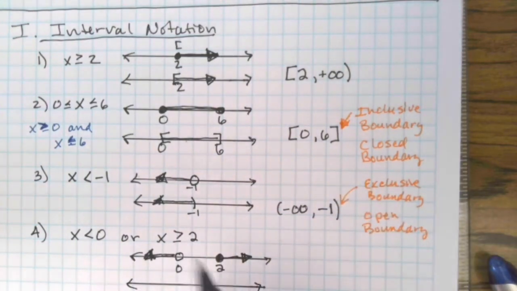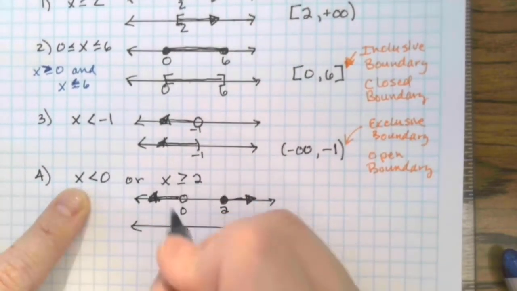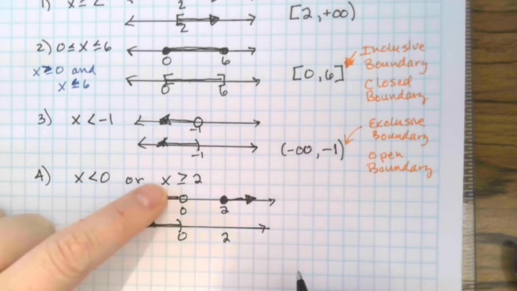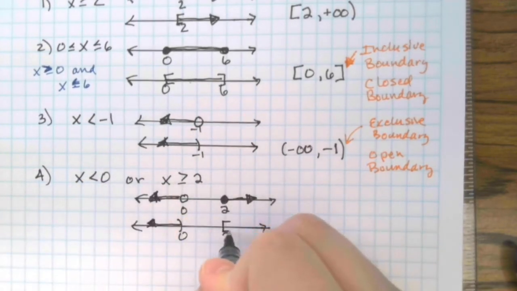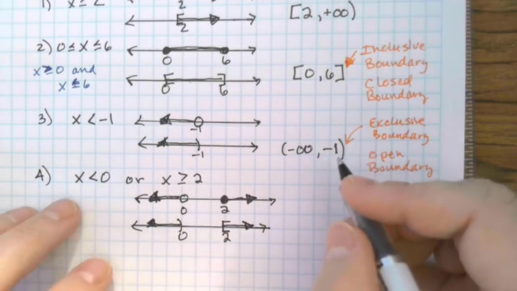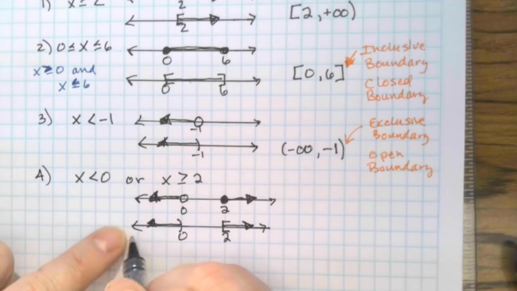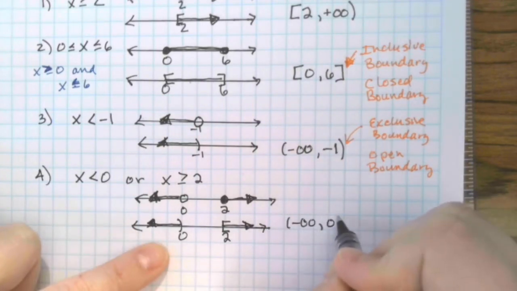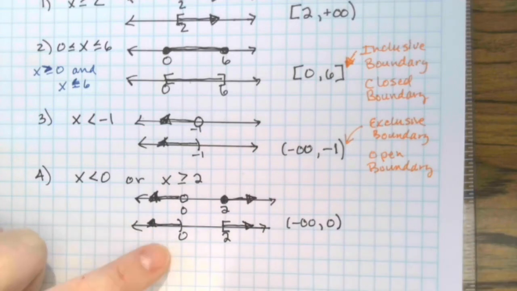In interval notation, 0 is not included in the solution set, so it would get a parenthesis facing left with the arrow. 2 is included in the solution set, so it would get a bracket facing to the right. You would write this piece first: negative infinity up to 0 exclusive, because it doesn't include 0.